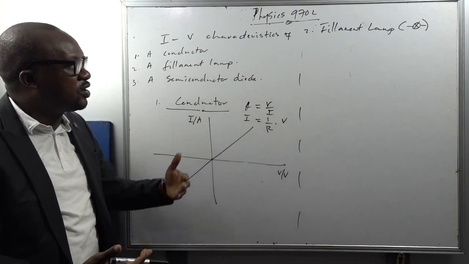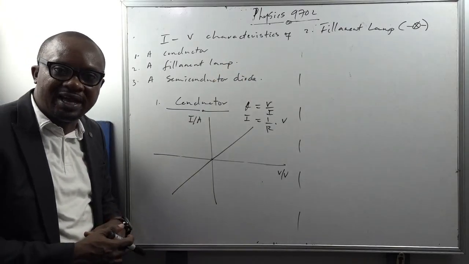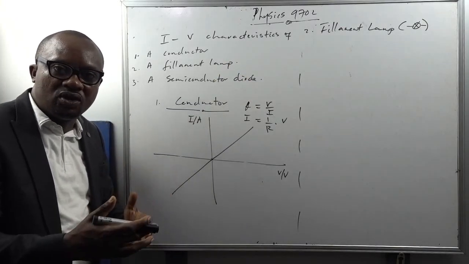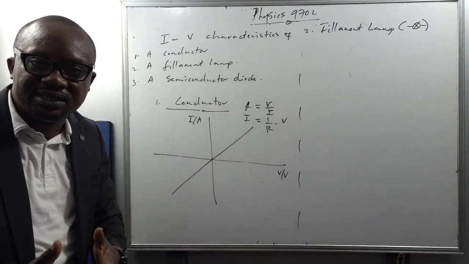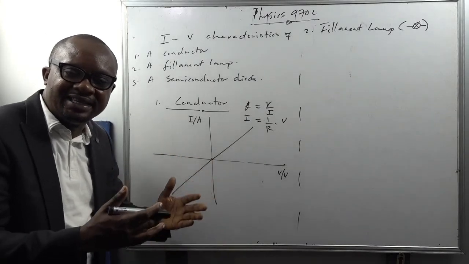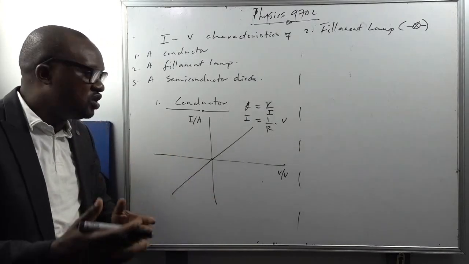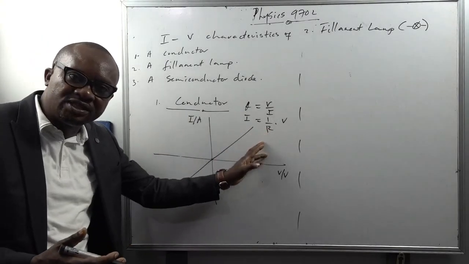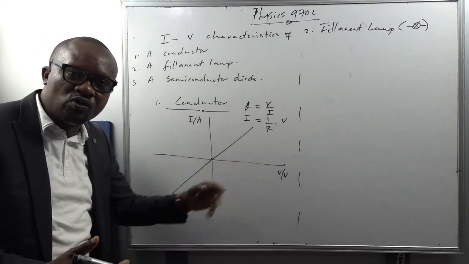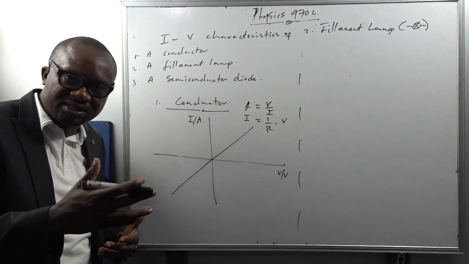And according to what we are saying, when the PD applied to a filament lamp increases, the current increases. Hence, the heating effect in the filament lamp increases, which causes the resistance to increase. As the resistance increases, 1 over resistance, which is the gradient of this graph, reduces.